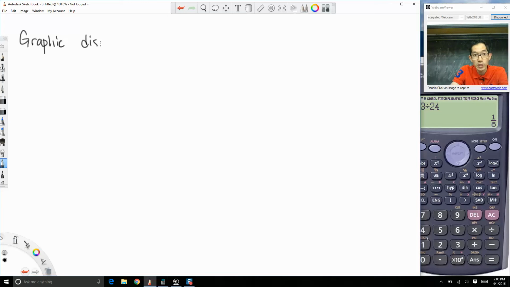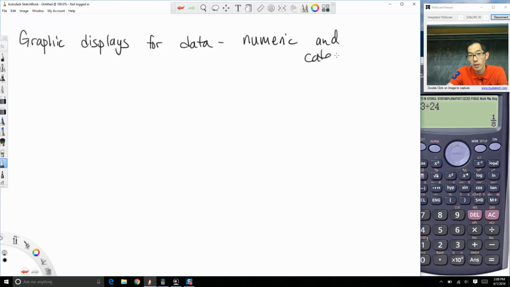Graphic displays for data, and we'll have numeric and categorical. Okay, so we're going to start off just rehashing what we discussed about numeric data.